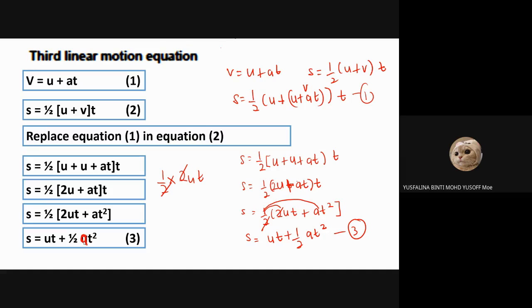Any questions? Anyone still not clear how I derive this equation? Okay, please make a correction on your PowerPoint, on your notes. Change it to A.